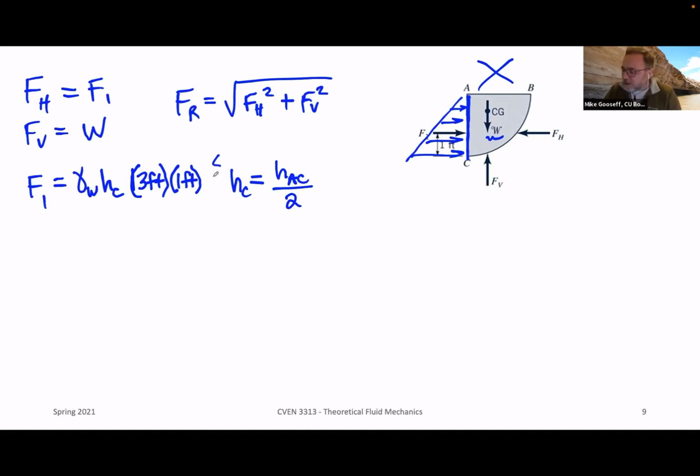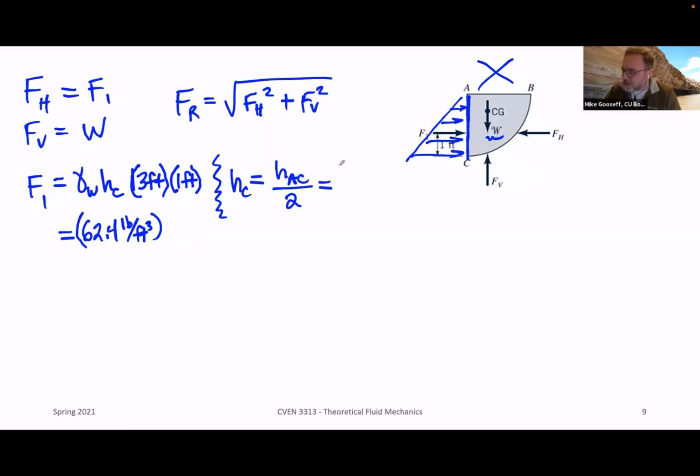All right, so this would be equal to, we're working in feet, 62.4 pounds per foot cubed for our specific weight of water. H sub C now is going to be this height.